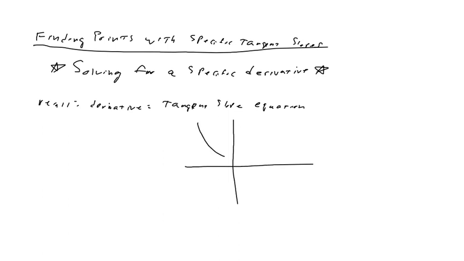If you have a graph, all of these tangent slopes at different x values, this tangent slope here, this one here, this one here, all these different tangent slopes at these different x values, the derivative, I should say, is equal to the tangent slopes at certain x values. Right, that's what we have found so far.